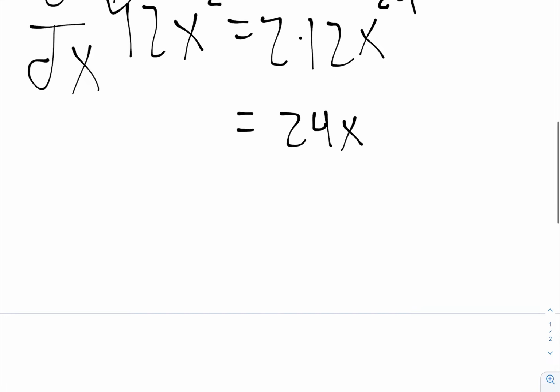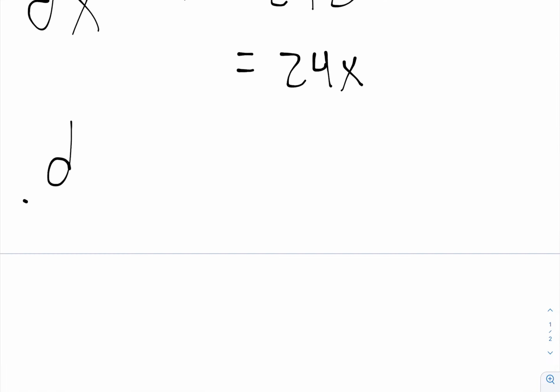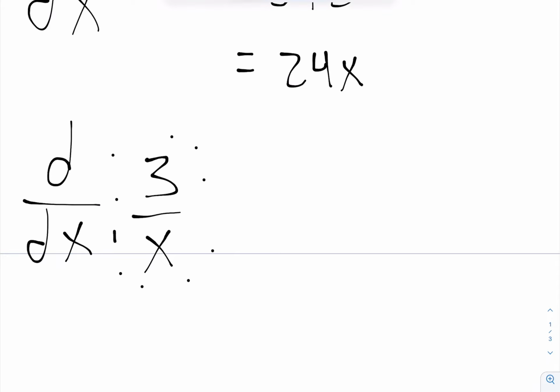Okay, what's another one? Let's do the derivative with respect to x of 3 over x. Okay, so even though this isn't a polynomial, it's a rational expression, we can write it as a power.